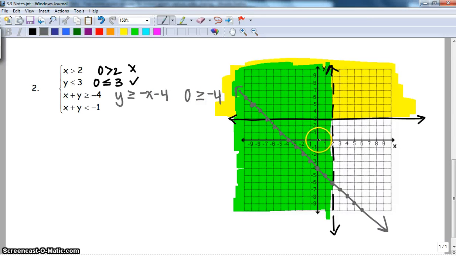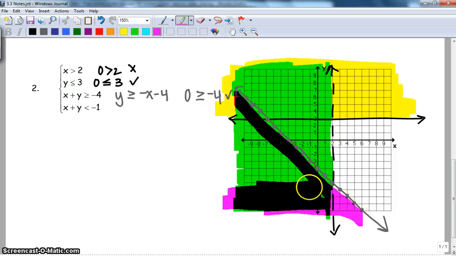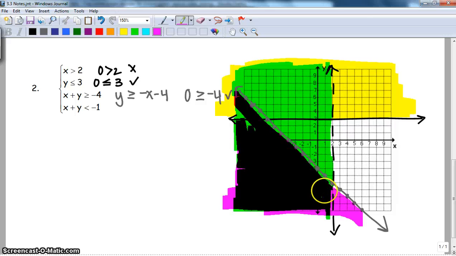This side is true. We want the false side. So the false side is this side. Okay, notice we have cut a little more away of our white area.